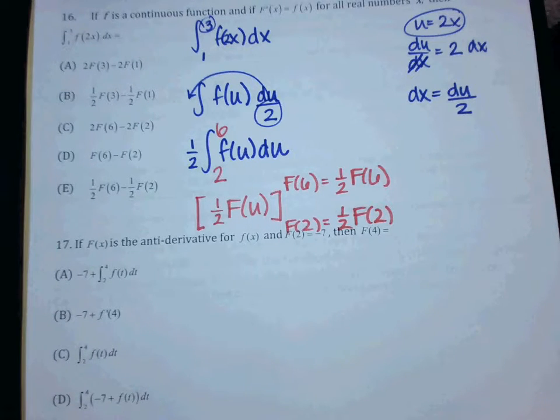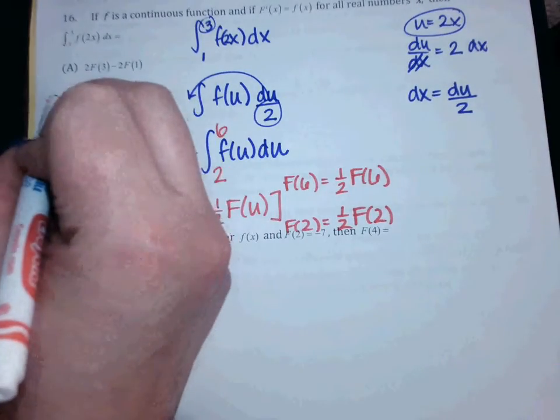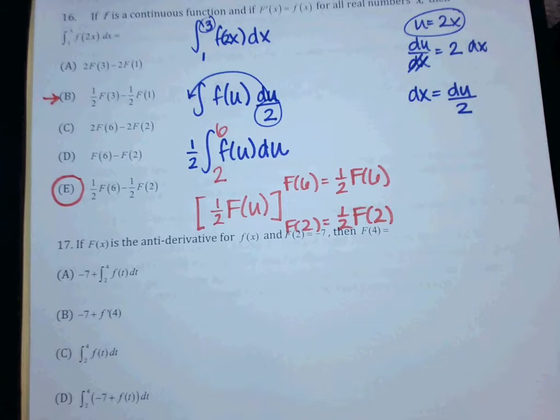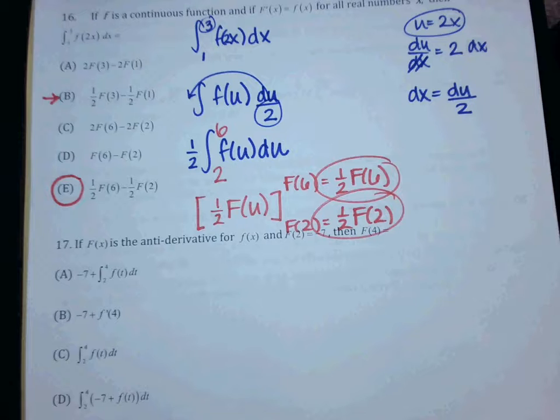Subtract them. Which one's correct? E. Now, notice that B is very close to right. What's the only mistake they made on B? They used the original endpoints, and that's wrong. Okay? So after you find these two, then you would subtract them. That's your fundamental theorem. Okay?